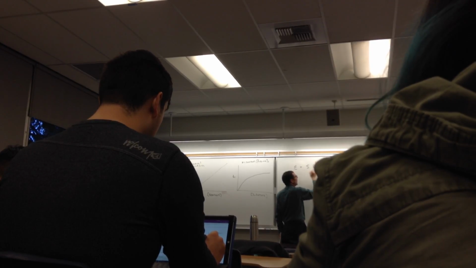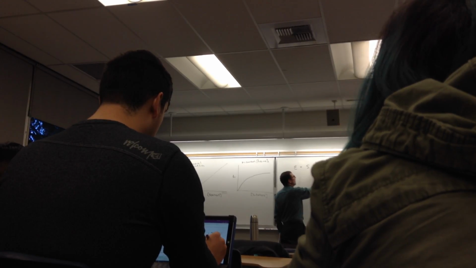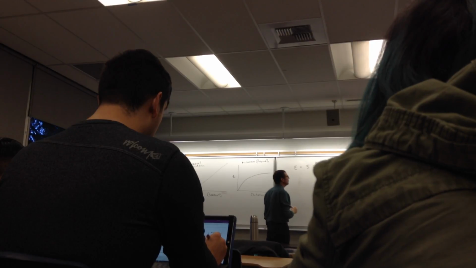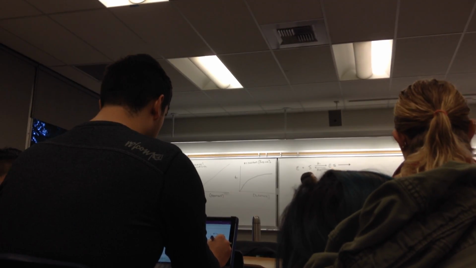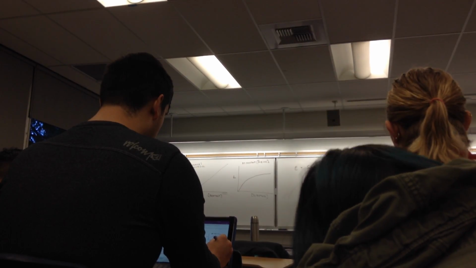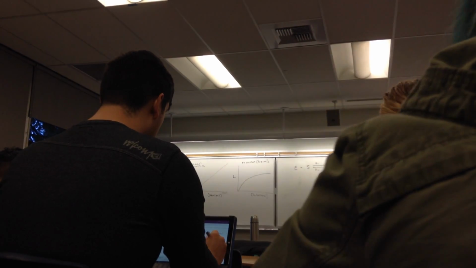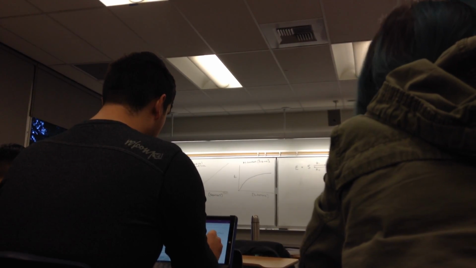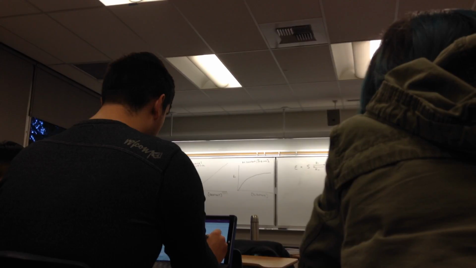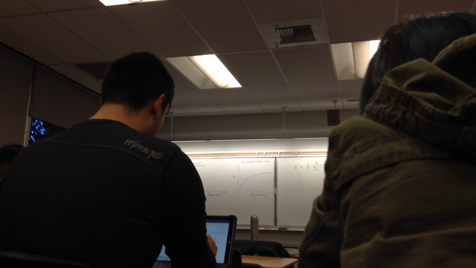So classically, that's k1, and this is k minus 1. Then the actual reaction occurs at the active site, and we have another rate constant for that called kcat, which forms an enzyme product complex, and then that degrades to enzyme plus product.